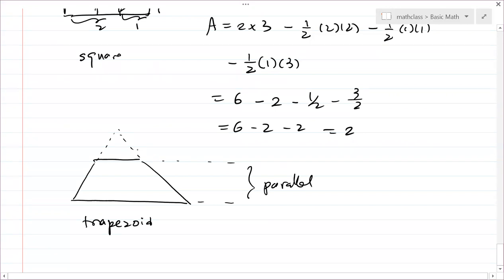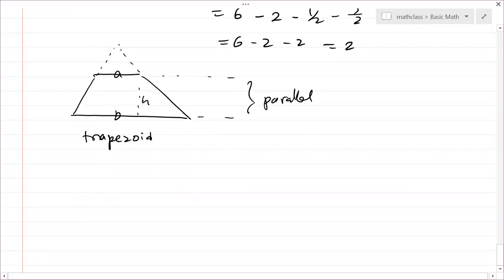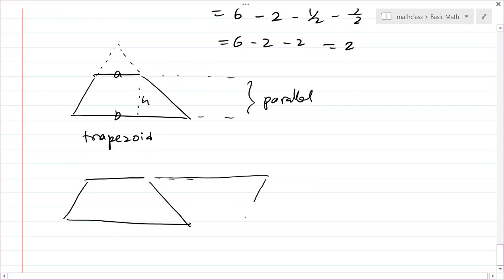Can you derive the formula for a trapezoid if you never heard about it? If the top is B and the bottom is A, and the height is H, just do it the same way as a triangle. You duplicate the trapezoid and put it here. Double. If this is A, that will be A. This is B, that is B. And what do you get?